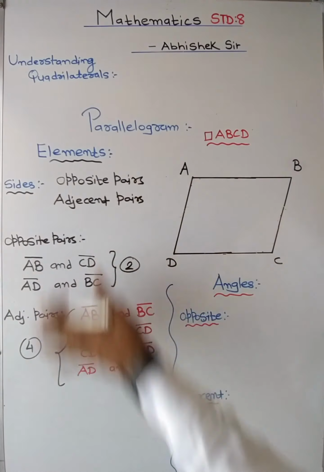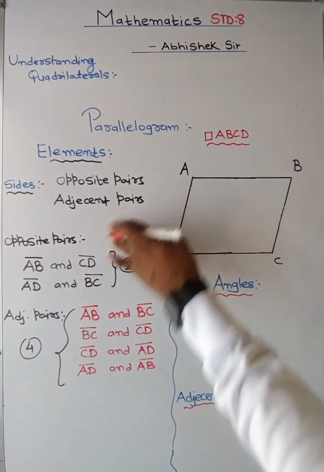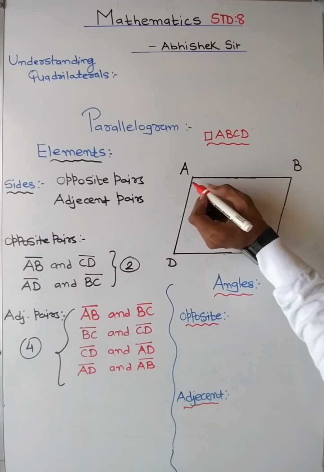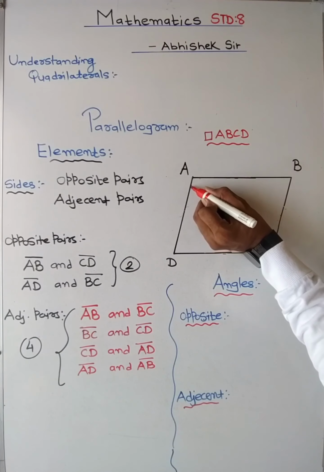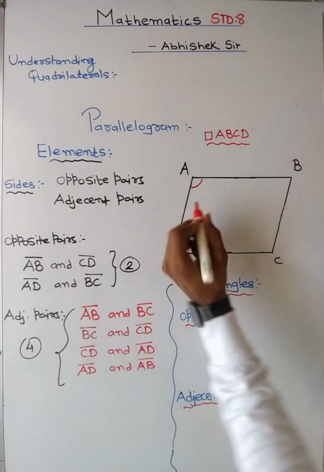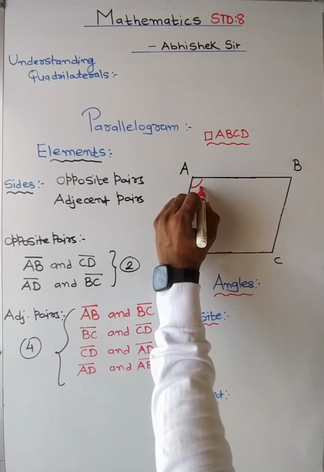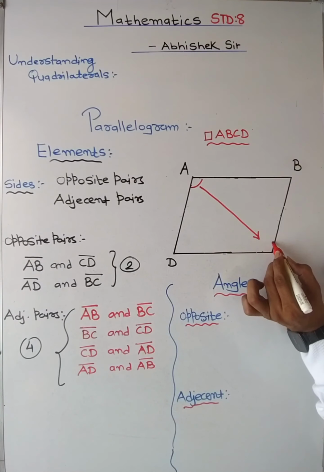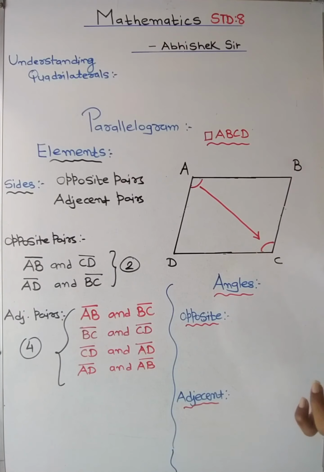Just like sides, we have seen opposite pair and adjacent pair, same in angles. So let us start with one angle, and that is angle A. Exactly opposite we have to see, and which angle is it showing? It is showing angle C. Clear?